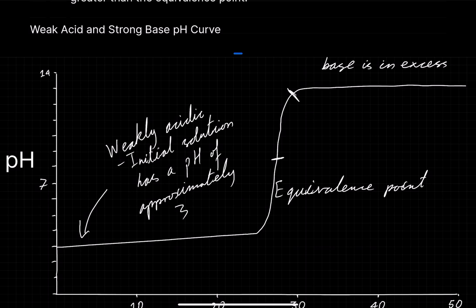The limiting factor is the one that gets used up completely, which is our acid, the acid in our conical flask that has a certain volume and a certain concentration that we're trying to find out.